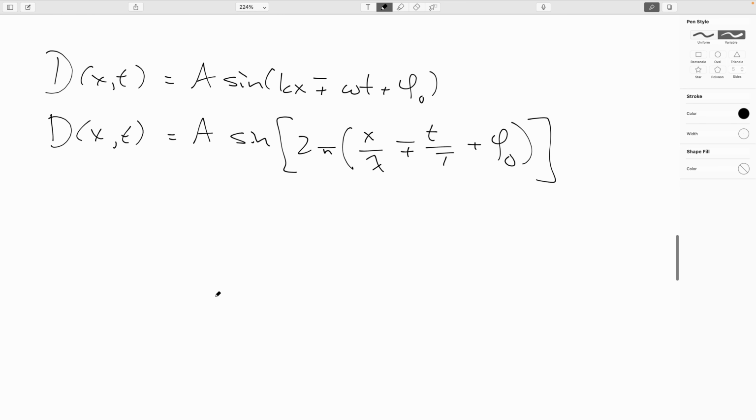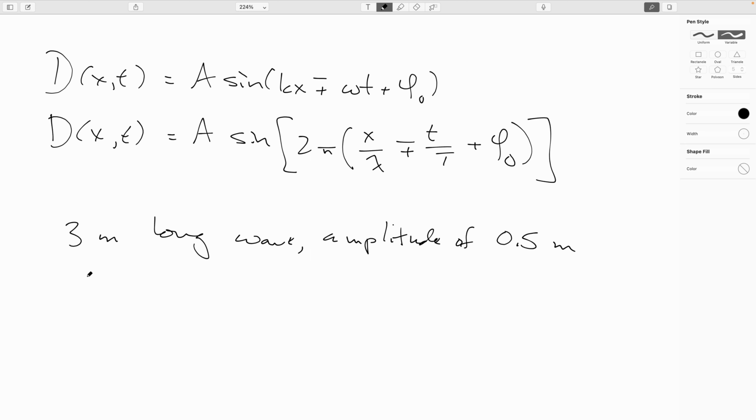So just to give some example of how we might represent a wave, let's say that we have a wave that is 3 meters long with an amplitude of 0.5 meters, moving to the right at 6 meters per second.